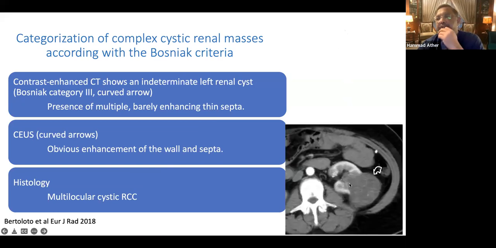Now, contrast enhancement showing an indeterminate left renal cyst, and I'll show you the pictures. This is a lesion. If you look closely, there are very fine septa with indeterminate or subtle enhancement. This is a partly endophytic and mostly exophytic mass lesion arising from the left kidney, and it was categorized as Bosniak 3.